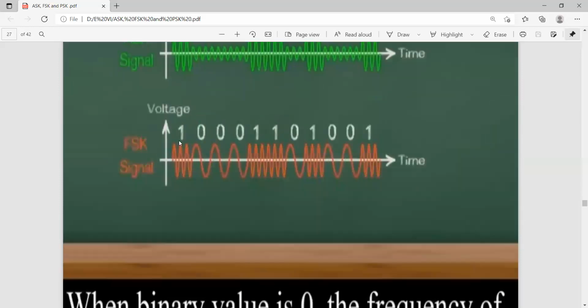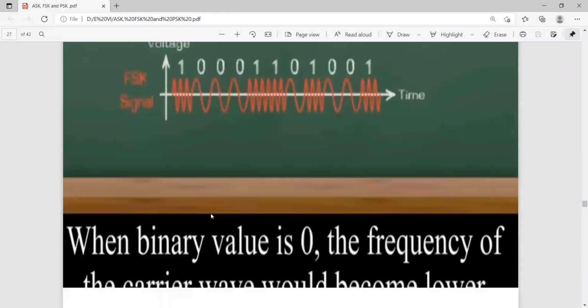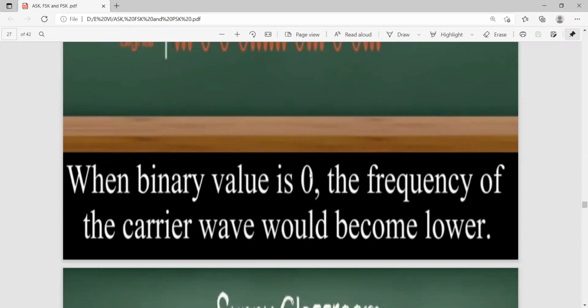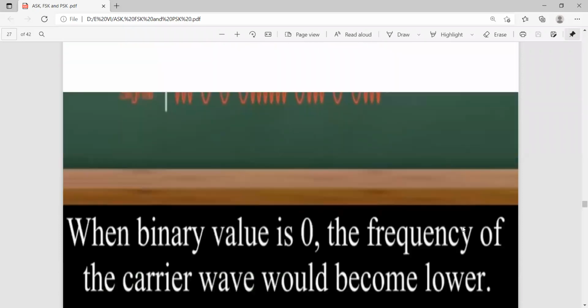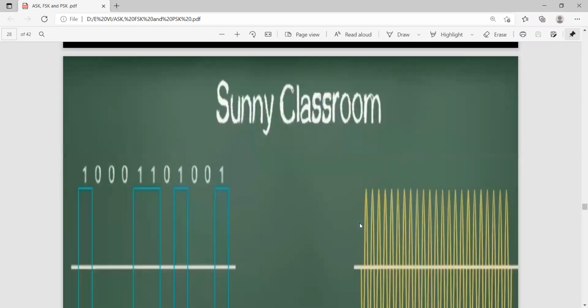When the binary value is 0, the frequency of the carrier wave becomes lower. So binary value 1, the frequency is higher; binary value 0, the frequency becomes lower. Lower means these are the values. So this is 0. In this way, we can identify frequency shift keying.